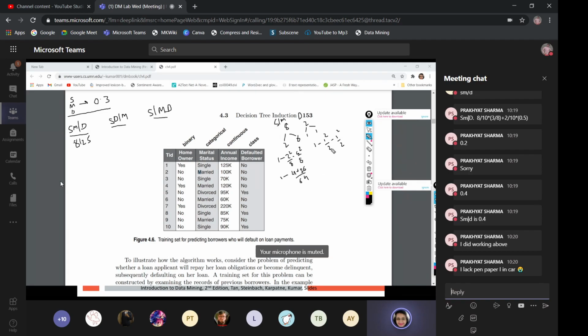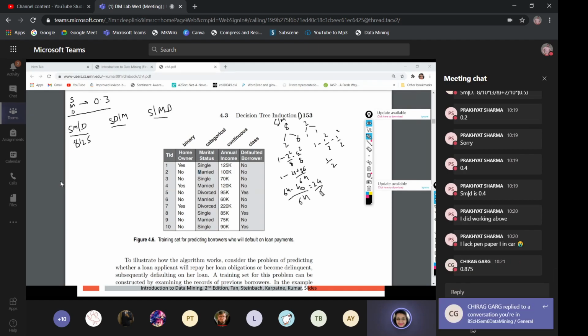And this is 1 by 4 plus 1 by 4, which is 1 by 2, so this becomes half. And this is 64 minus 40 by 64, which is 24 by 64. What is 24 by 64? What are you getting as the answer?